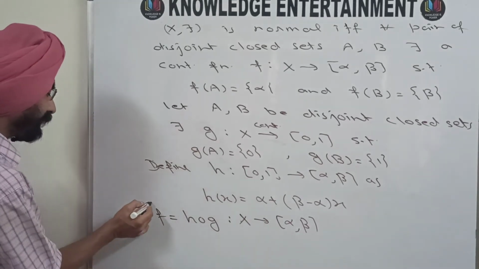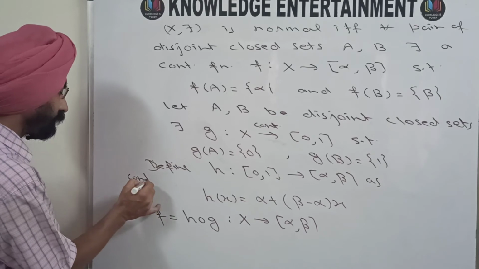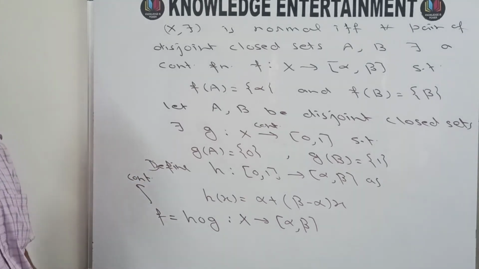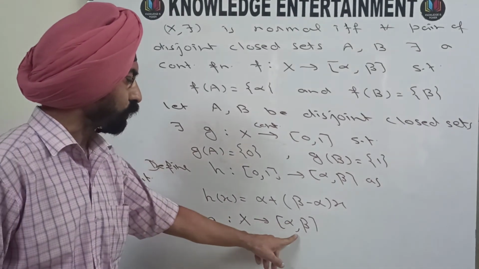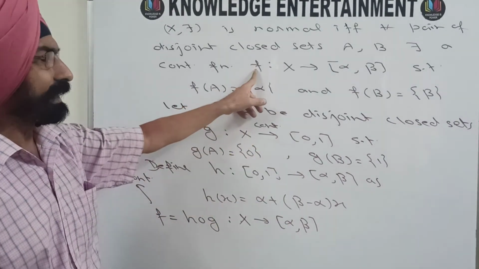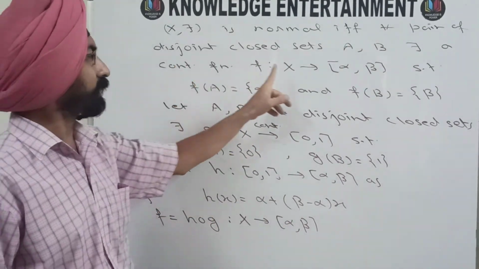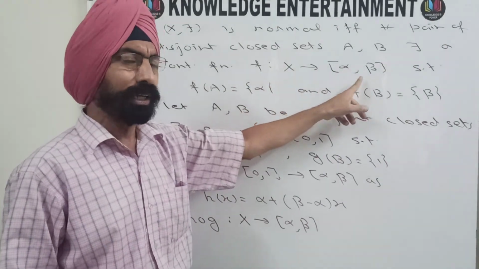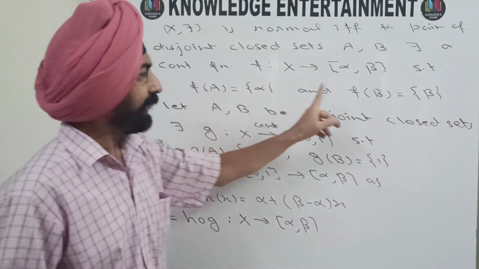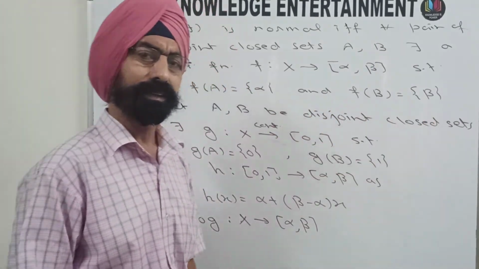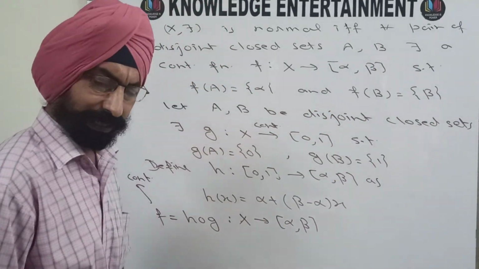Now f is a continuous function from X to [alpha, beta]. Only thing remains to show is that f of every point of A is alpha and f of every point of B is beta, and that is very easy.